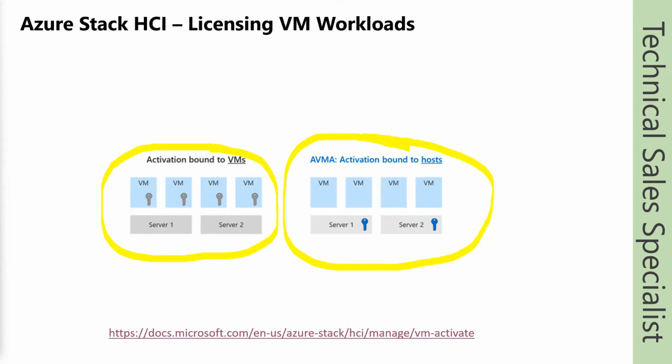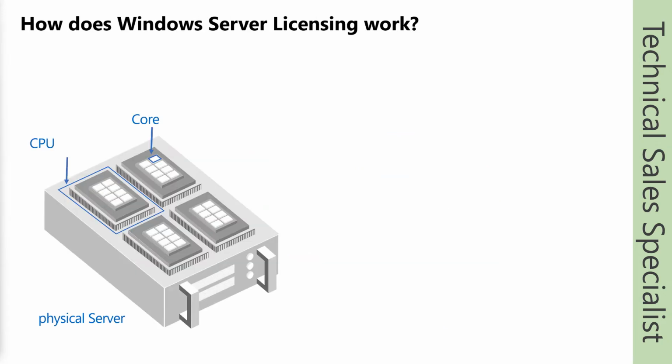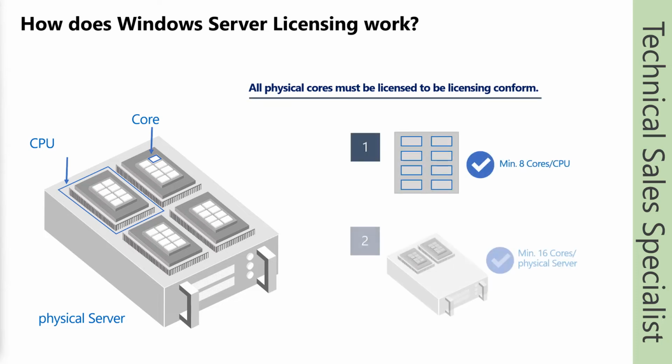Let's have a short look at the licensing of Windows Server itself, because we have heard that the Azure Stack HCI OS is licensed per physical core. The Windows Server operating system is also licensed per physical core, but usually if you think of the OEM license, not based on a subscription, but based on a perpetual license you buy.